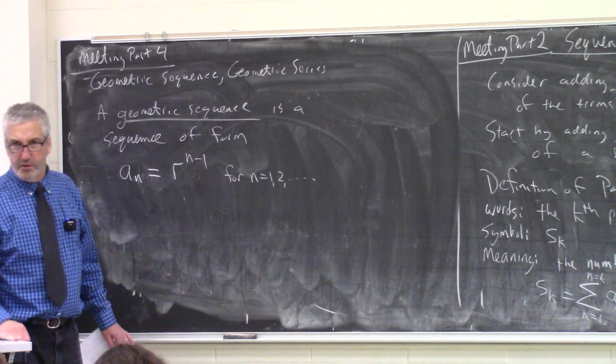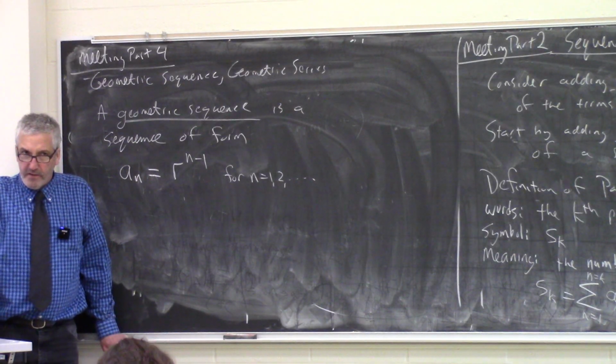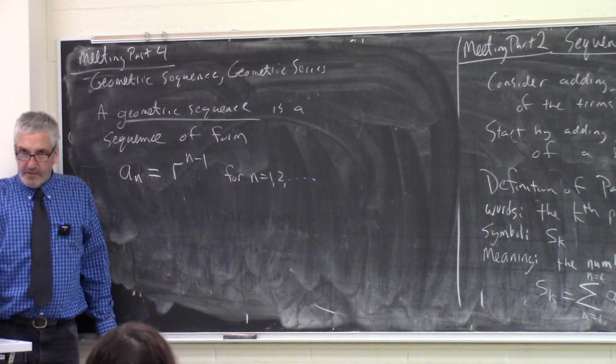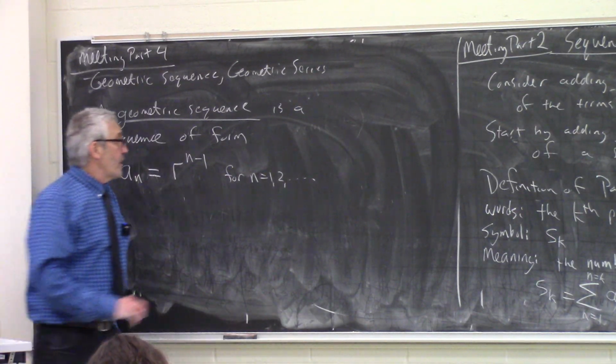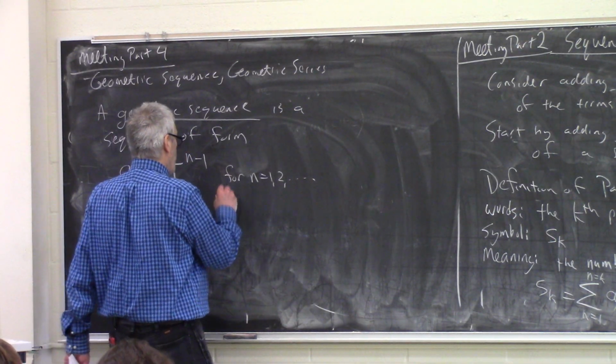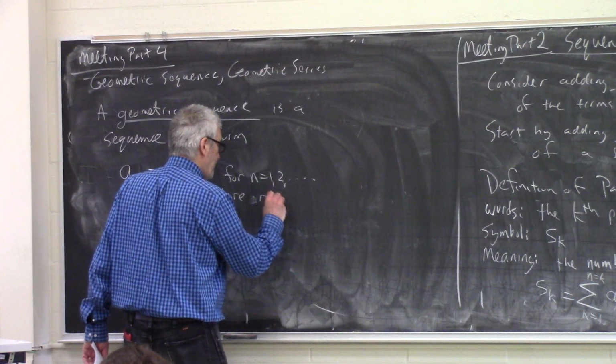Now the book puts a constant in front of this. I don't see the need for that. The constant you can deal with later. I just think of the geometric sequence as just these terms, r to some power, where r is a real number.